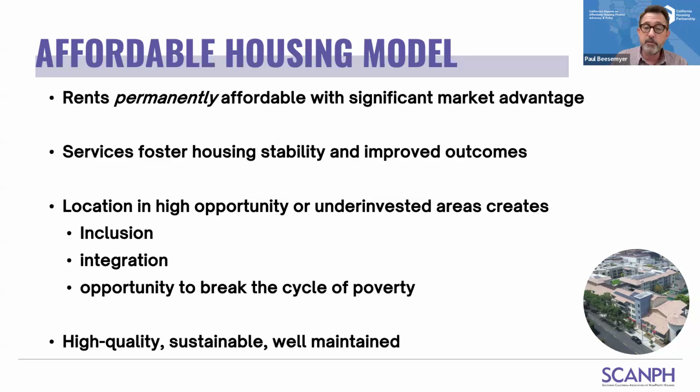Also, we'll often see affordable housing located in underinvested areas for equally compelling policy reasons. And those different types of location decisions can result in greater inclusion and greater integration of low-income people into, say, higher income communities, and also, critically, over time, an opportunity to break generational cycles of poverty.